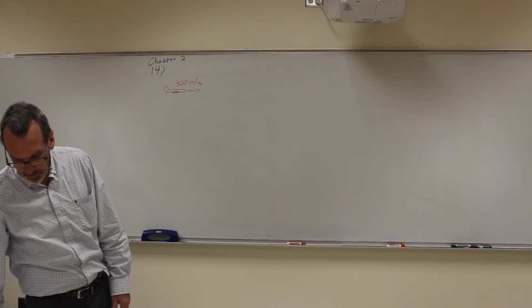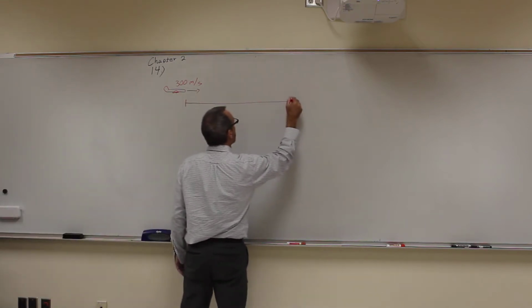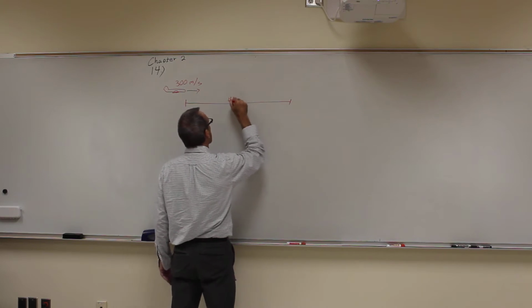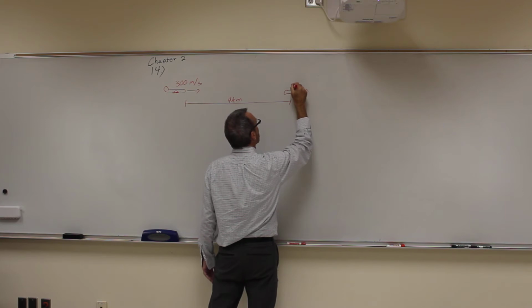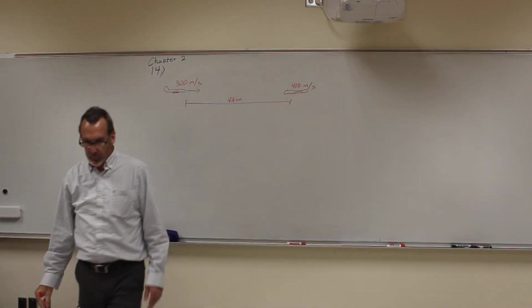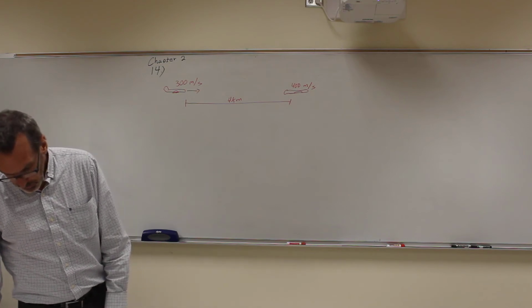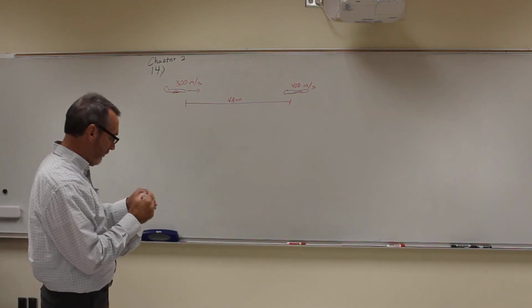After traveling 4 kilometers, the jet is moving at a speed of 400 meters per second. So 4 kilometers later, the jet is now going 400 meters per second. So it accelerated. What is the jet's acceleration, assuming it to be a constant acceleration?